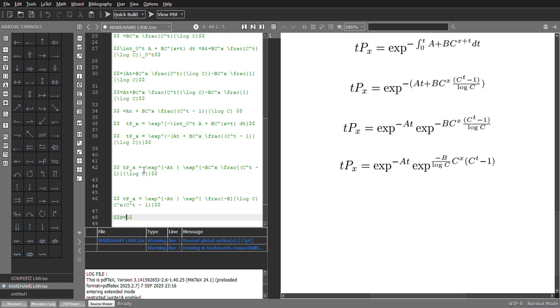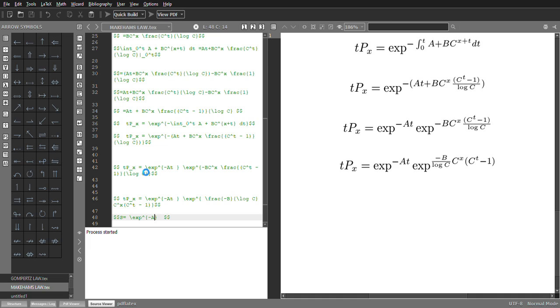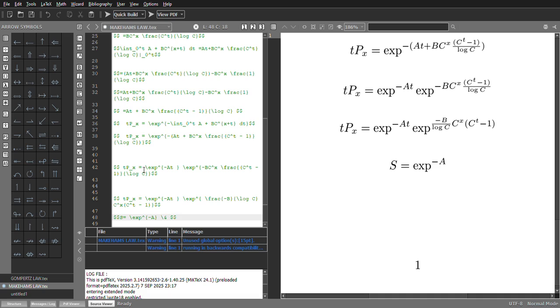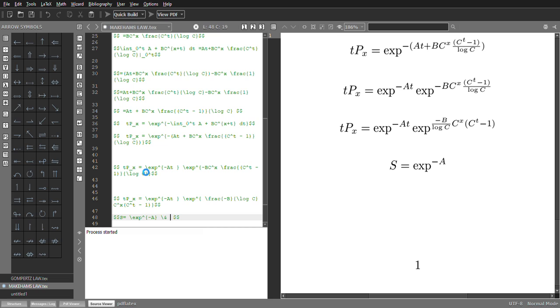This s is equivalent to the exponent negative a.